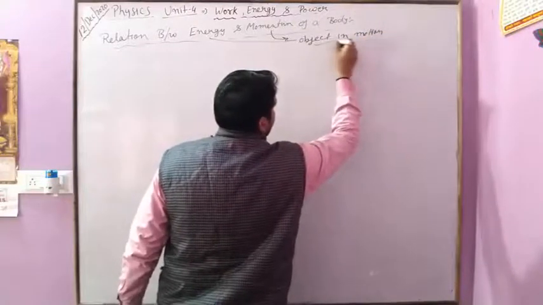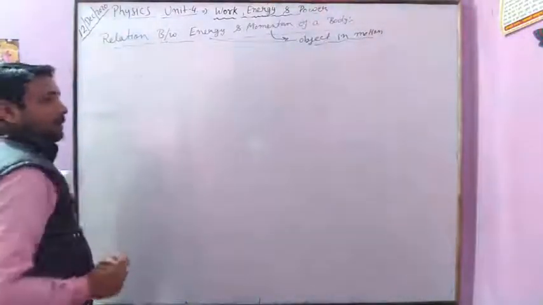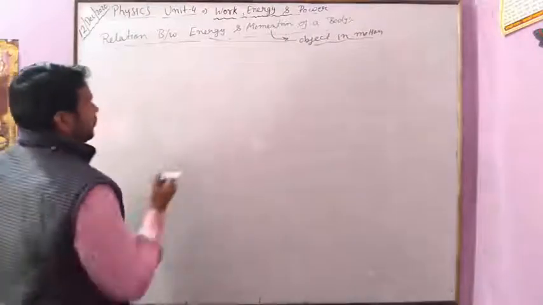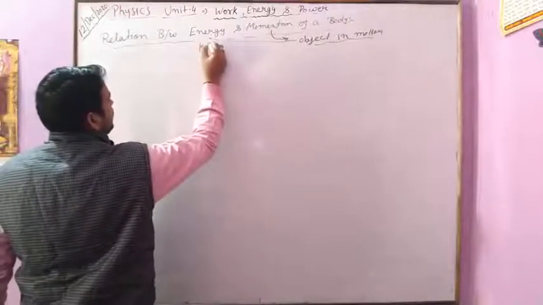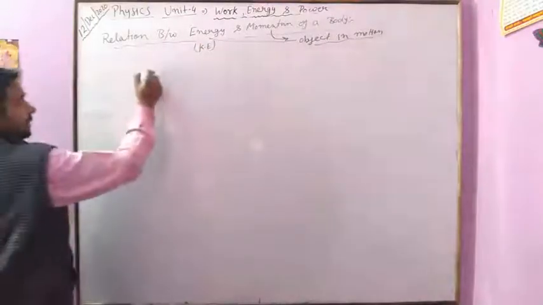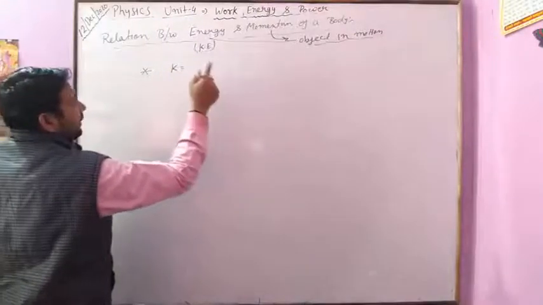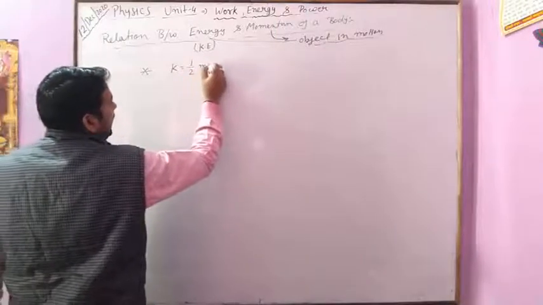First condition for relating it, that is the object is in motion. So if the object is in motion, so here we discuss about the energy. It is basically which kind of energy? So answer is, it is basically kinetic energy. And just you learn about how much is the kinetic energy of a body if that particle is moving. So this is equal to half m v square.